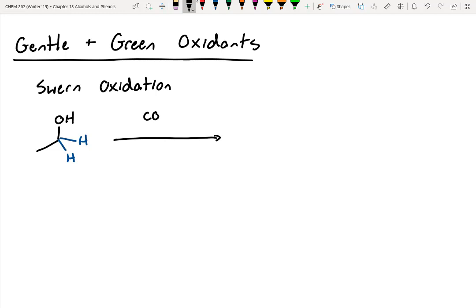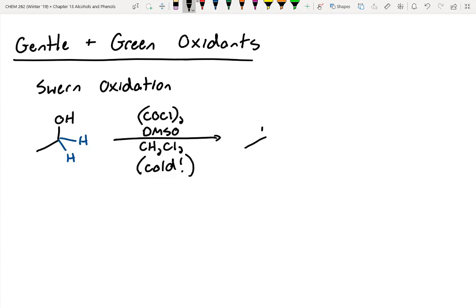The one that they use in the book is oxalyl chloride, so COCl2. Then you need DMSO, and then you need dichloromethane typically. And you have to run this very, very cold, like almost dry ice conditions in order for this to work. But really, it'll do the same reaction as PCC, so what will we make?